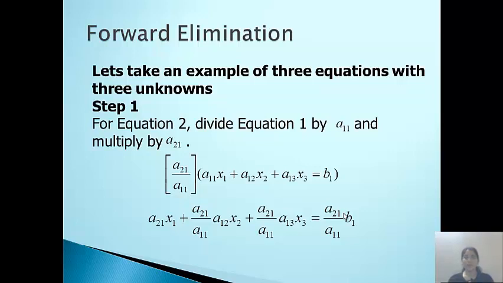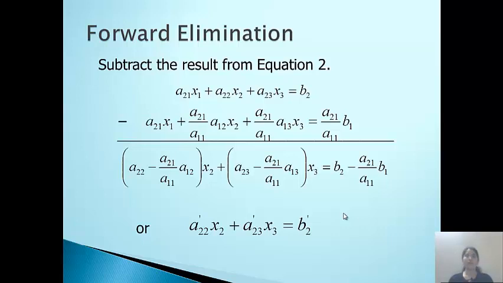So multiplying by a21 upon a11 into a11 x1 plus a12 x2 plus a13 x3 equal to b1, this can be written as a21 x1 plus a21 upon a11 into a12 x2 plus a21 upon a11 into a13 x3 equal to a21 upon a11 b1.